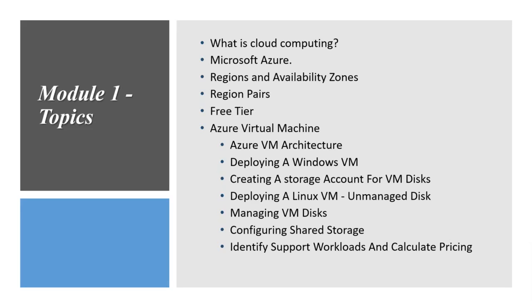What is the Azure Virtual Machine service and how to create it? This complete module one covers the basics of cloud computing, the advantages and disadvantages, and also everything about virtual machines.